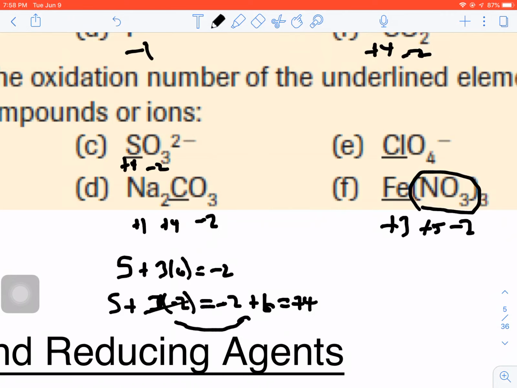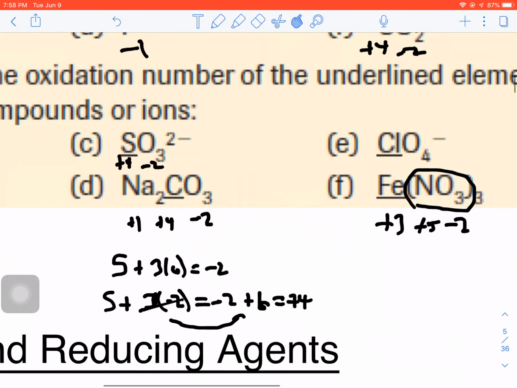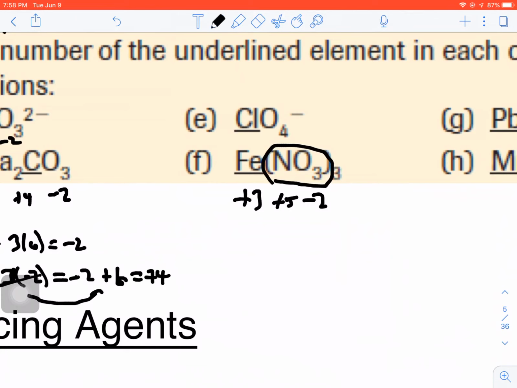Same with ClO4 minus, right? If I look at ClO4 minus, up here I've got 4 oxygens and a chlorine that have to make up minus 1. So the chlorine plus 4 oxygens make up minus 1, which is the charge on the ion.